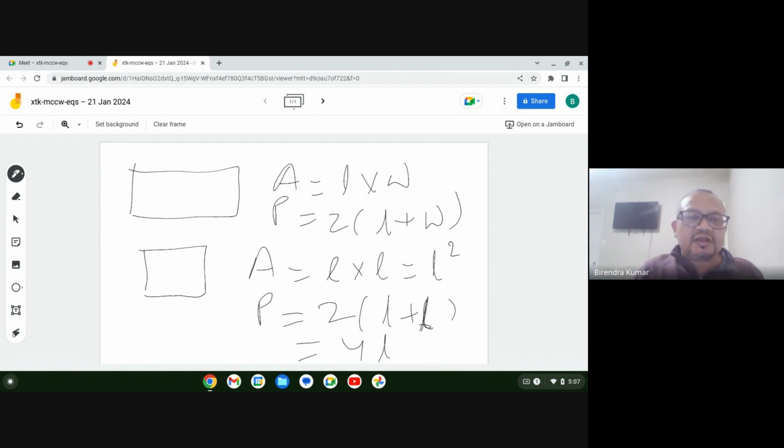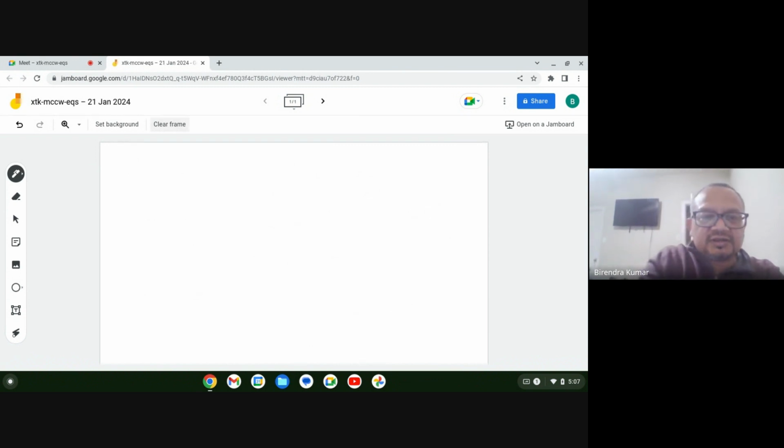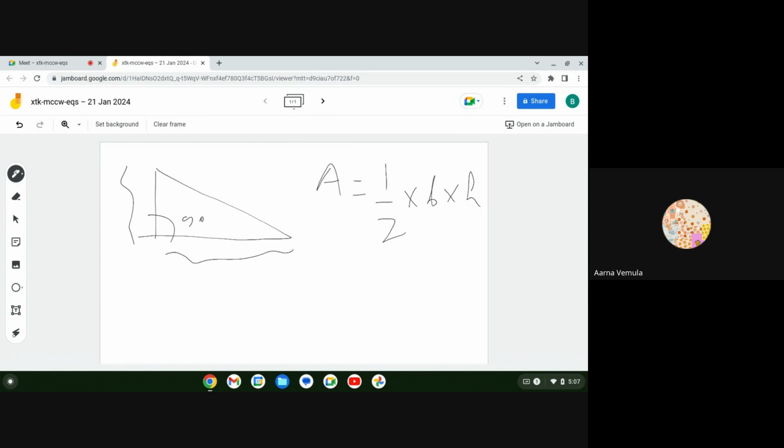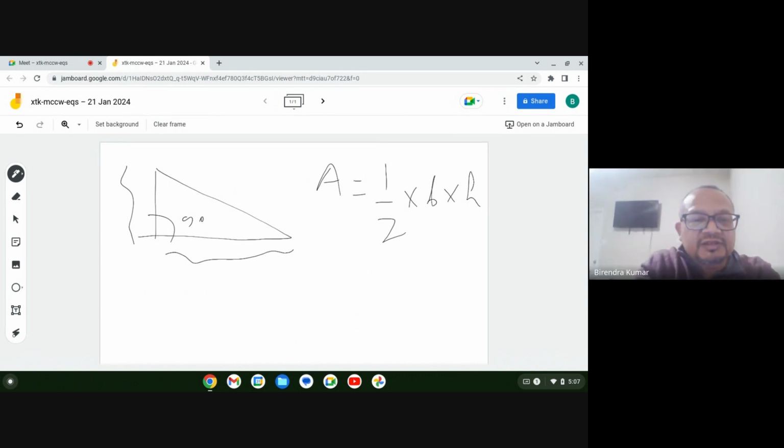Now, the third thing that we learned was the right angle triangle, meaning one angle is 90 degrees. Area of a right angle triangle is half into base into height. This is the base and this is the height. Whether you consider this as a base or this as a base doesn't matter.